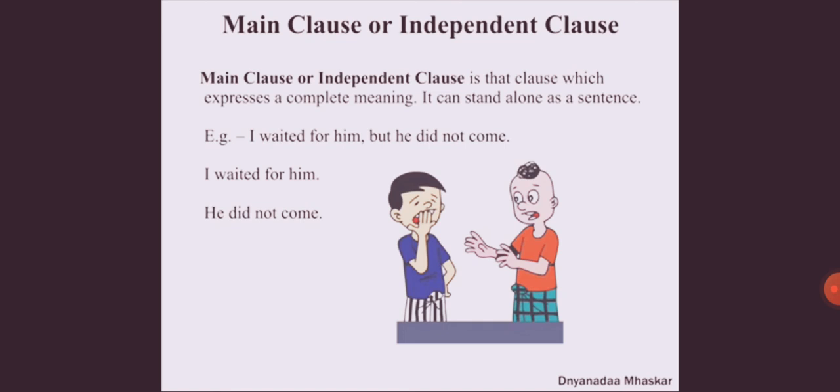For example, I waited for him, but he did not come. I waited for him. He did not come. These two are complete sentences and they make complete sense. So, in simple words, two simple sentences are joined together with the conjunction but, and each of the above two sentences has a subject and a predicate and is independent of the other, as they can stand on their own and still make complete sense.